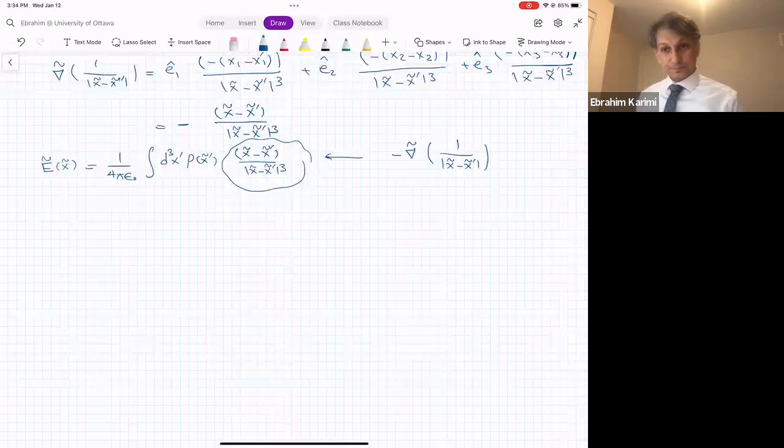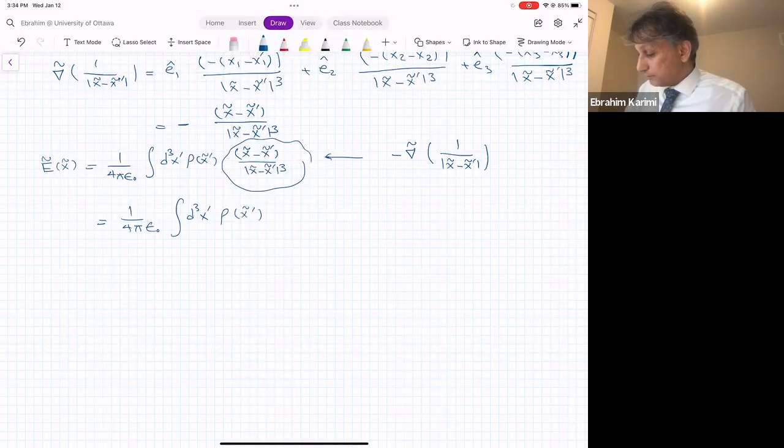Agreed? Beautiful. Now let's substitute it here. It will be 1 divided by 4 pi epsilon naught, integral of d3x prime rho of x prime, minus gradient of 1 divided by |x minus x prime|.